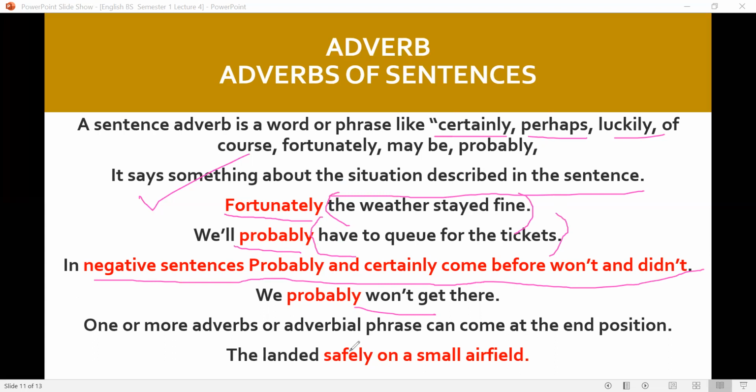They landed safely on a small island. Here safely is an adverb, and on a small island is an adverbial phrase. So they come at the end position because this is more than one adverb plus adverbial phrase.